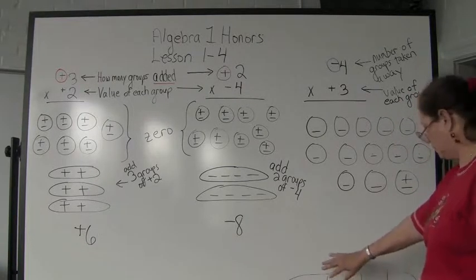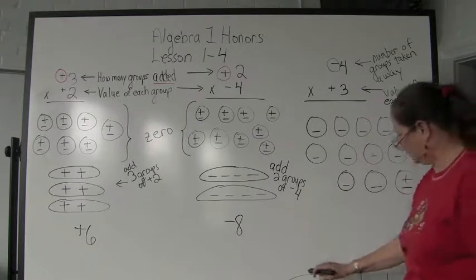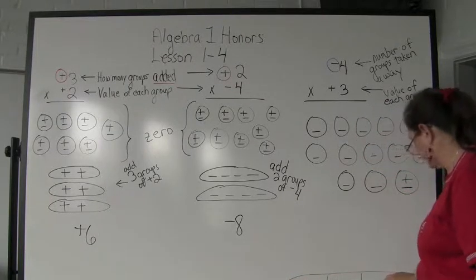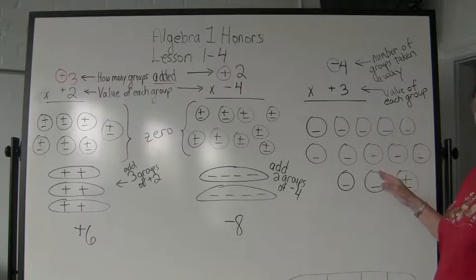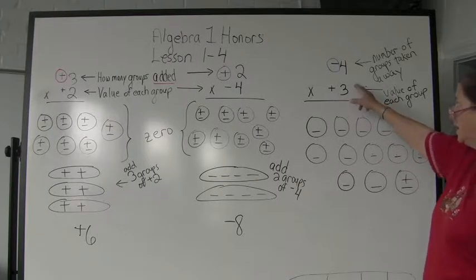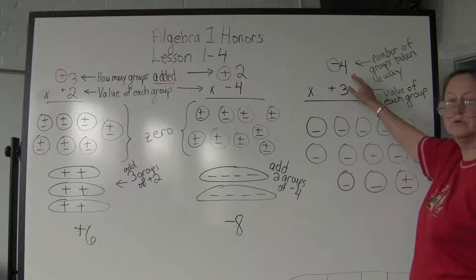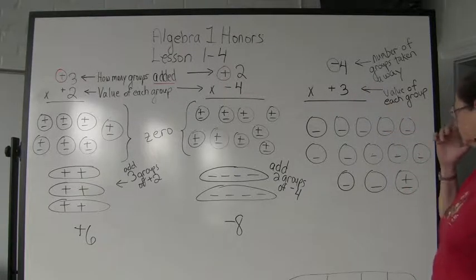Okay? Now remember, I just put them down here so you could see where they were disappearing. These are actually gone. Okay, they're not there anymore. We took them off the table. And so we want to see what we have left up here, because what we have left after we take away those 4 groups is our answer.